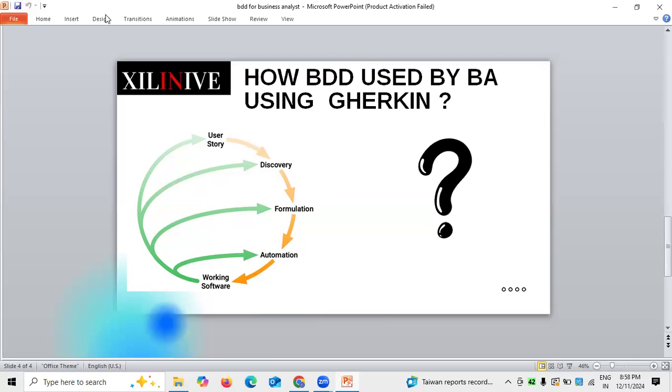The second one is the Gherkin approach. The Gherkin approach is used effectively by organizations. How to understand the behavior of the system and how this can be written, this is what Gherkin is all about.